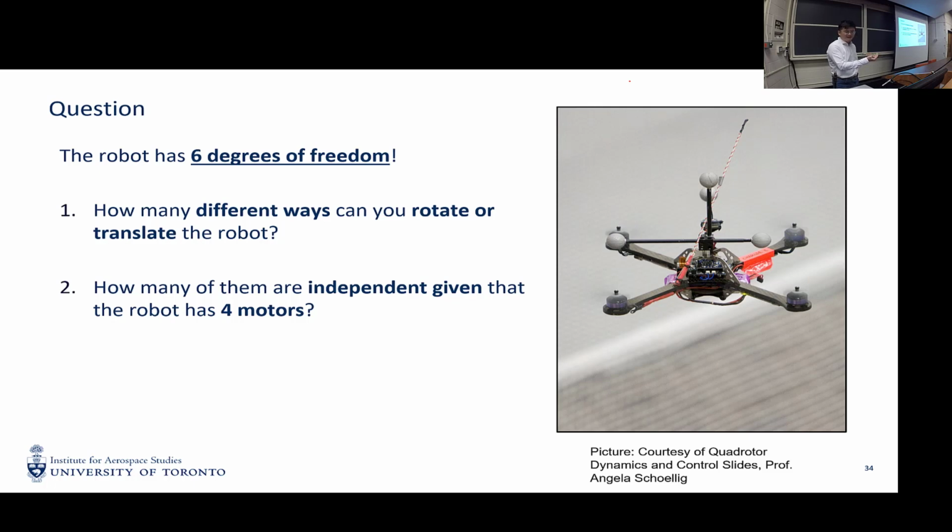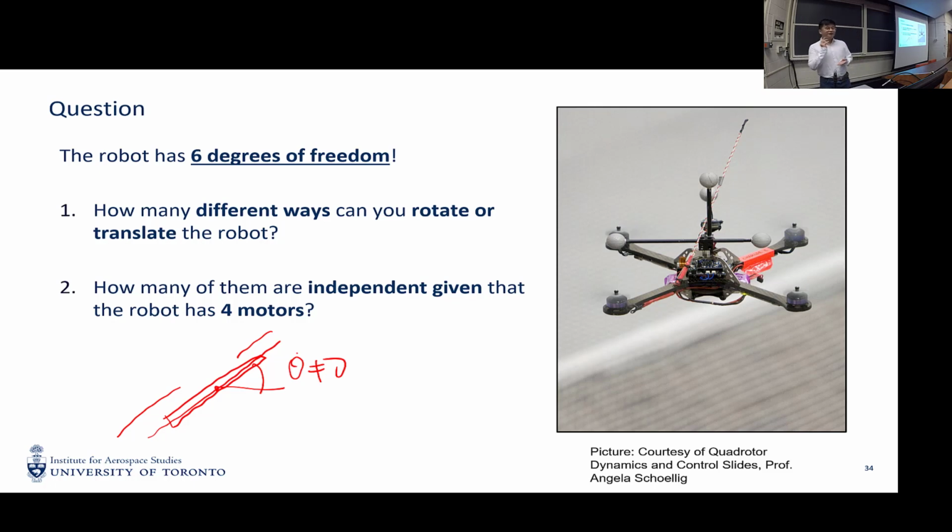So the thing is, is it possible that the quadrotor hovers at a given position while having a tilt angle that is not 0? So is it possible? So why? Yeah, good.